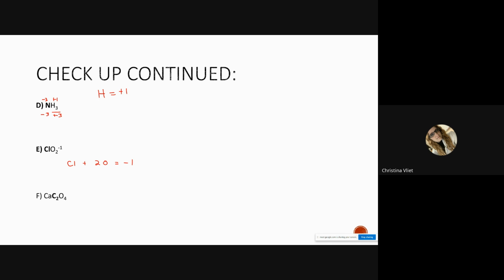Either way, you've got 1 chlorine and 2 oxygens that have to add up to give you a charge of negative 1. So chlorine plus 2 times negative 2 equals negative 1. Positive 3, right? Yep.